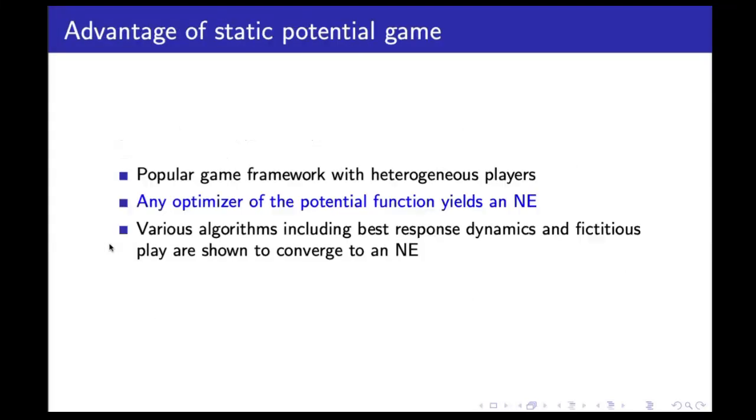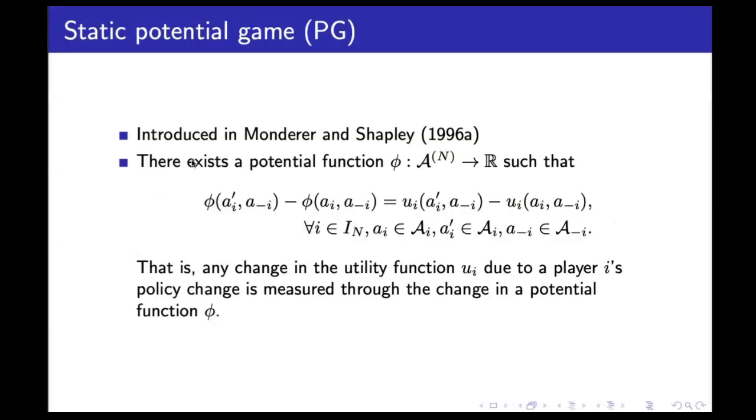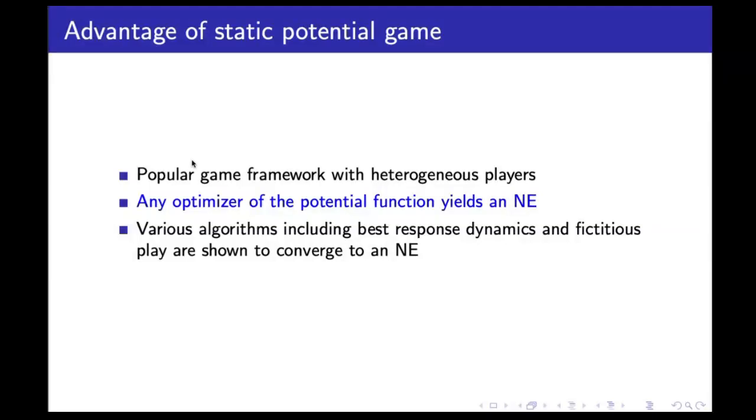This is a popular game framework with heterogeneous players because we only require this structure to hold. So u_i and u_j could be different in this case. And because the optimizer of the potential function is a Nash equilibrium, there are many works that developed algorithms with convergence guarantees to the Nash equilibrium in this setting, such as best response dynamics or fictitious play.